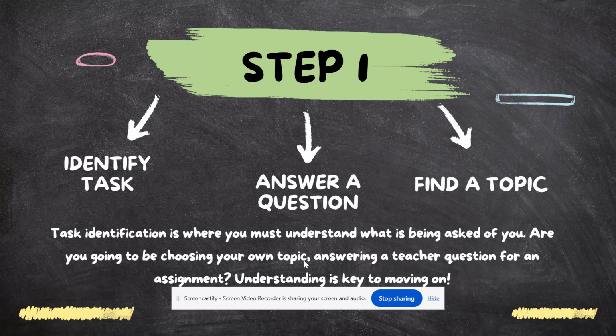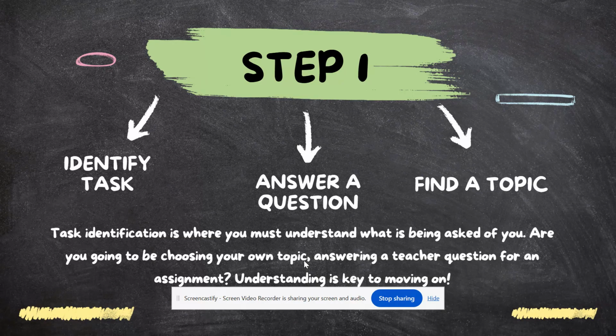So let's get into what the Big Six actually is. In step 1, of course, you want to identify the task that you're being asked to tackle, whether it's a teacher asking you to locate information and answer a question, or finding a self-selected topic.